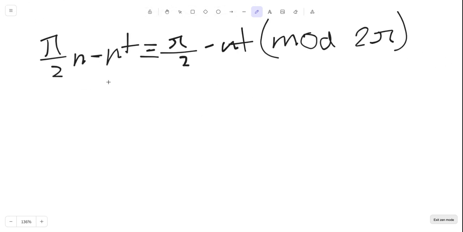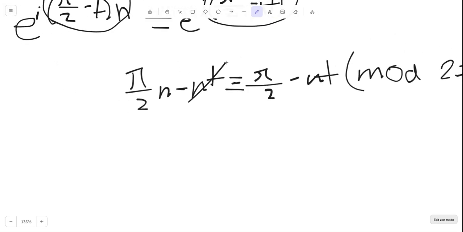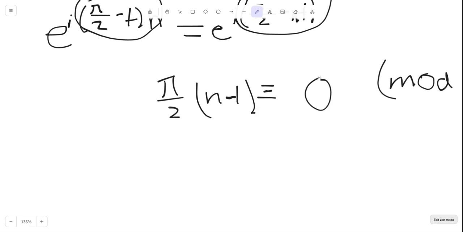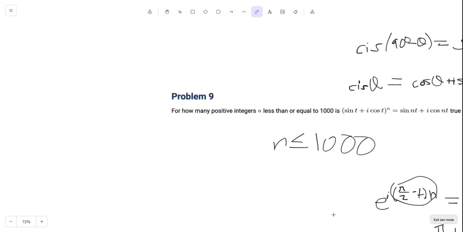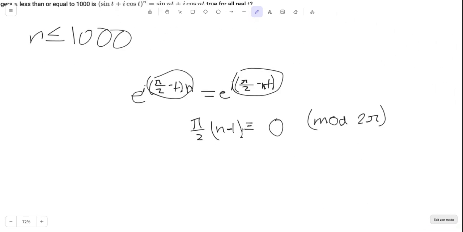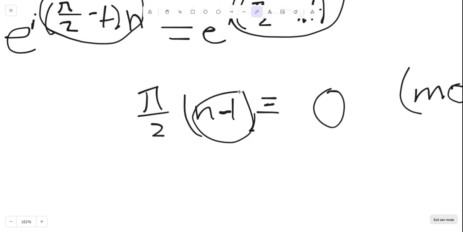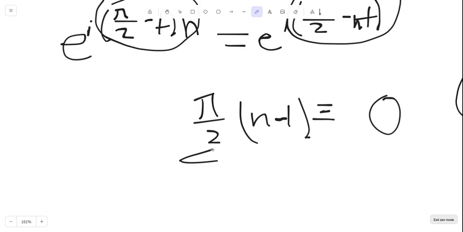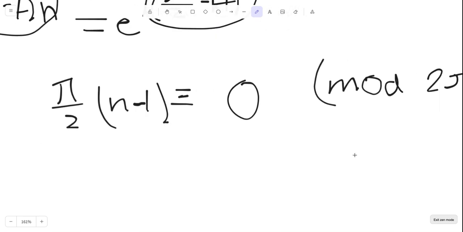Okay, so now we can subtract the nt regardless, and then subtract the pi over 2, and we have 0. Since n is a positive integer, this does not make it 0; we need this to be 0 mod 2 pi.